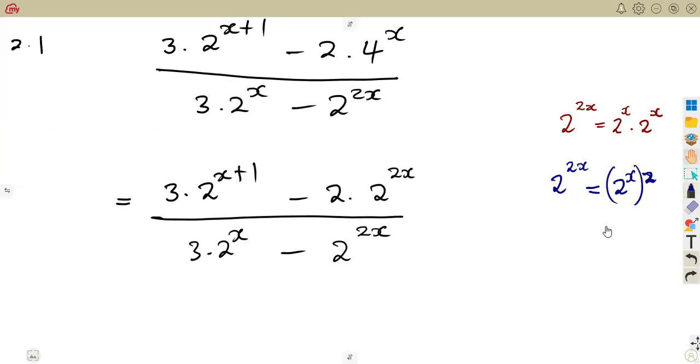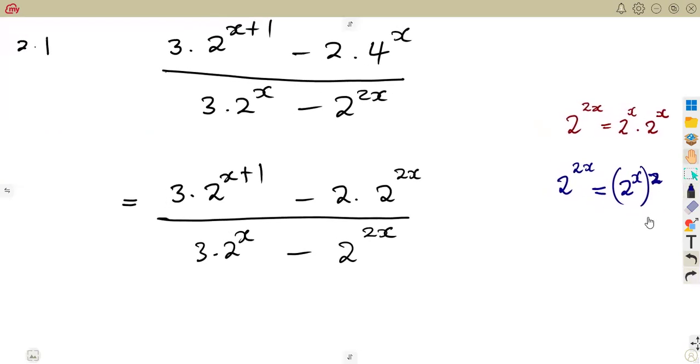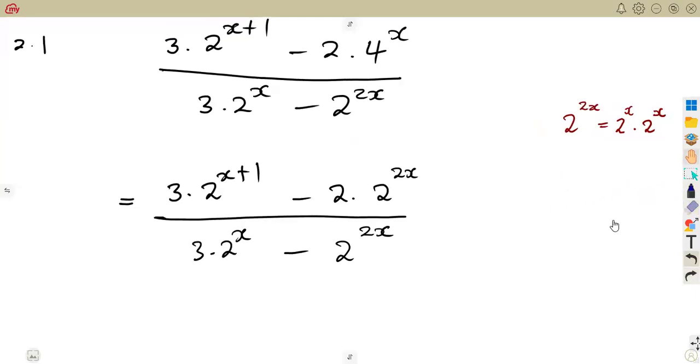So for you to properly understand this factorization, it is best that you write it this way. It means the same thing as this, but to understand your factorization, it is best to write it this way. If you are dealing with equations, it is best to write it with a squared. So we can just have it this way: x plus 1 minus 2 times. We just want to separate this.